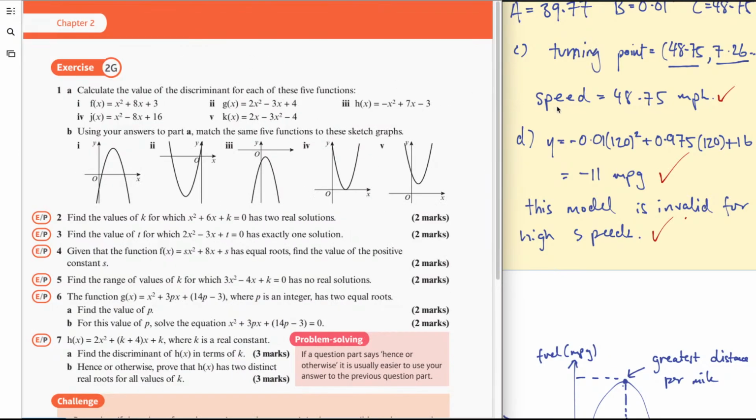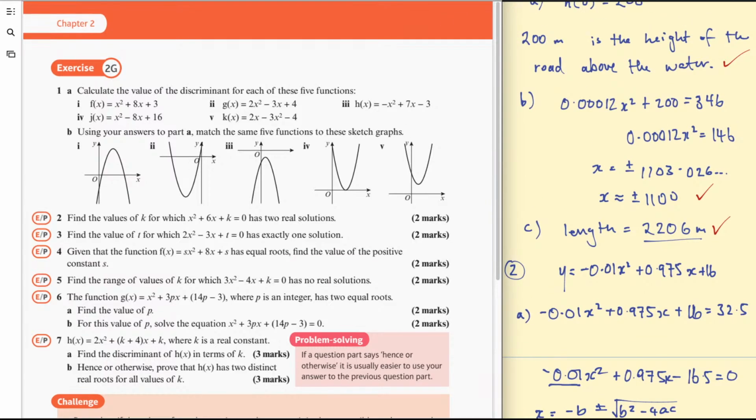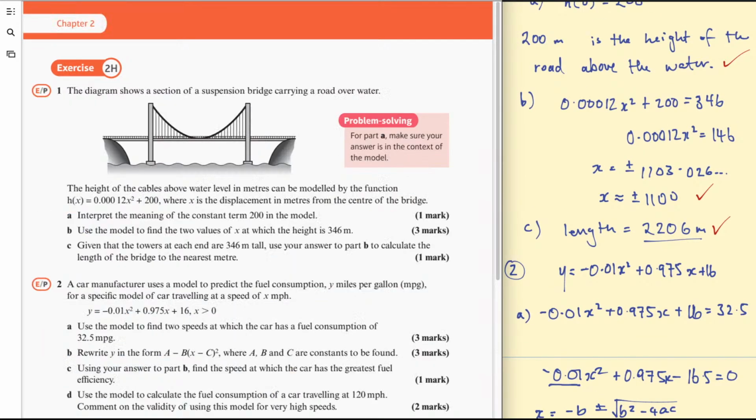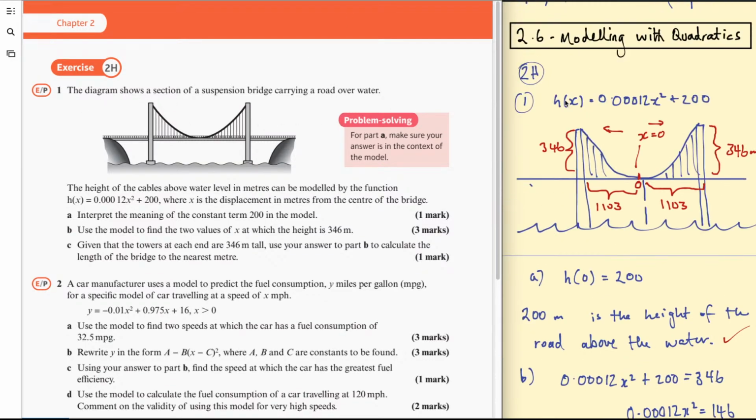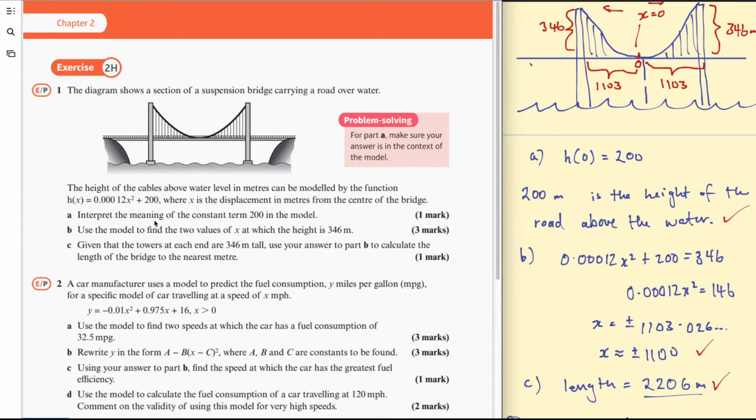So that is some examples of modeling with quadratics. We looked at a suspension bridge, and we talked about interpreting the model and finding the relationship between the height of the bridge and the length of the bridge.